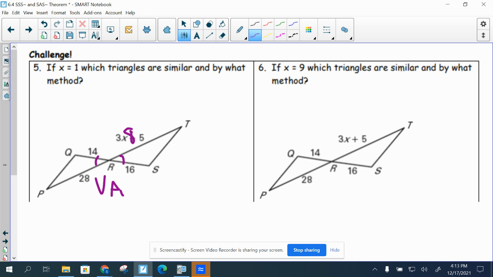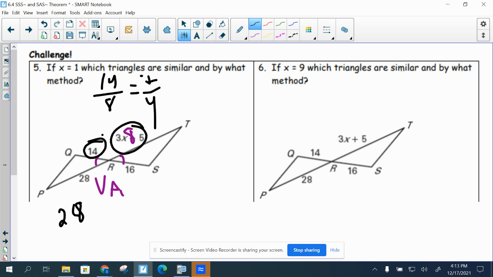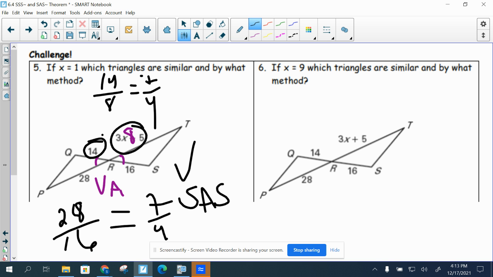And then the smallest side length here is 14 and 8. So you've got 14 over 8, which is 7/4. And then check to see if 24 over 16 or 28 over 16 is that also 7/4. Divide both by 4 and you get 7/4. So yes, they are similar by side, angle, side similarity. You could say that the two triangles are similar.